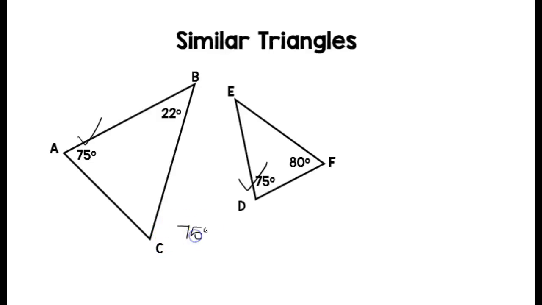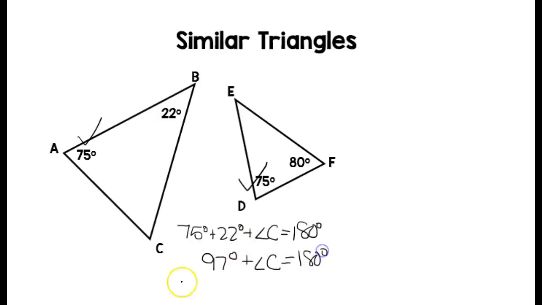I know that 75 degrees plus 22 degrees plus angle C is going to equal 180 degrees. 75 plus 22 is 97 degrees plus angle C is 180 degrees. Now I'm going to subtract 97 from both sides.